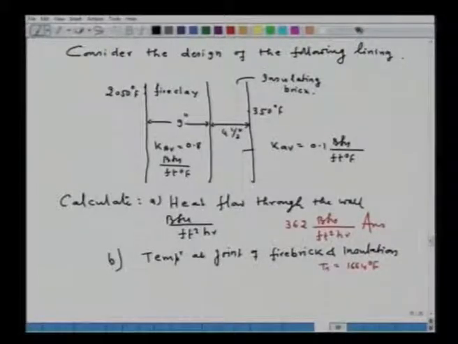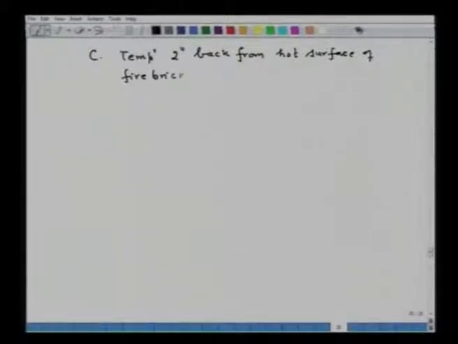C, temperature 2-inch back from the hot surface of the fire brick. The answer will be 1975 degree Fahrenheit.